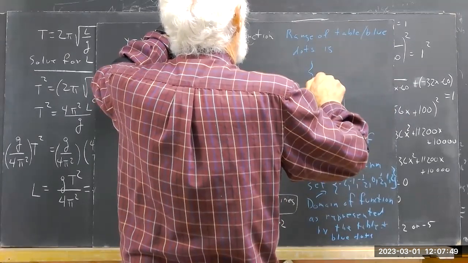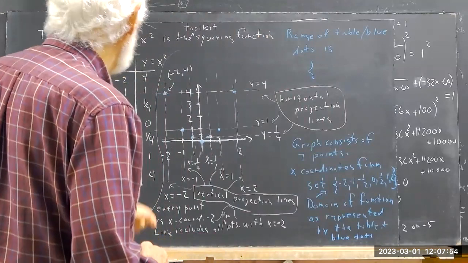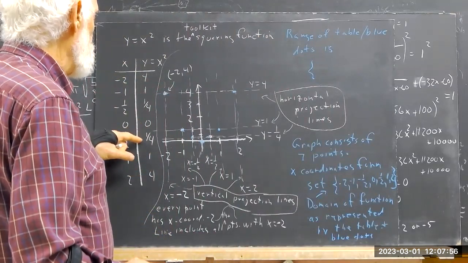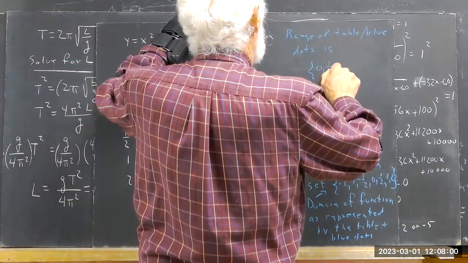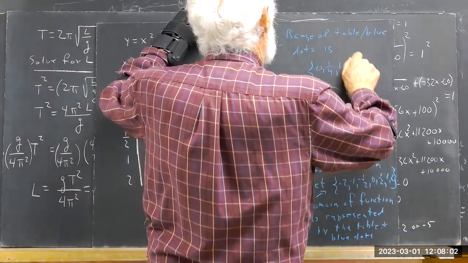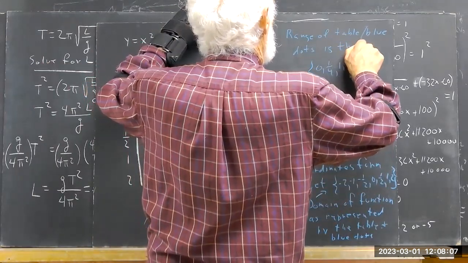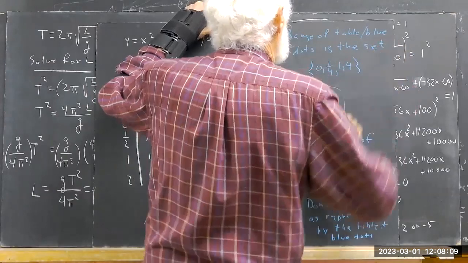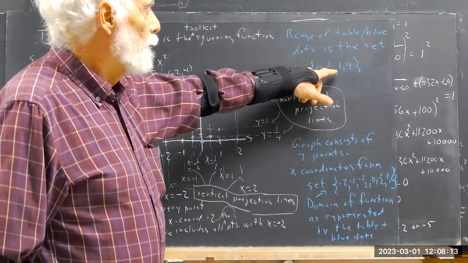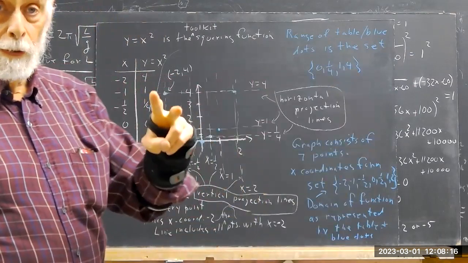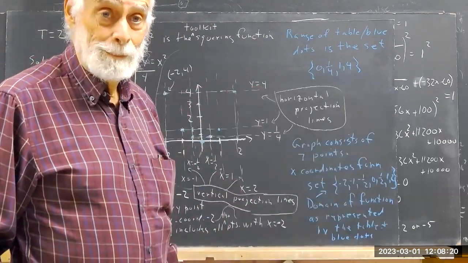And the range is the set of y values. And the y values are 0, 1/4, 1, and 4. I don't list 1/4, 1, and 4 twice, even though they occurred twice on the table, because this is a set.